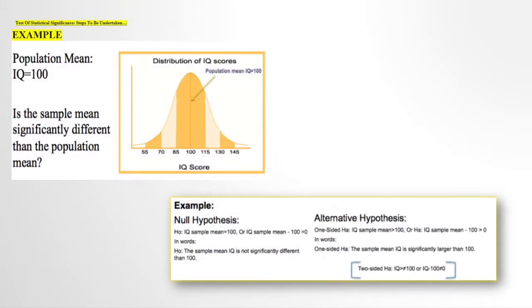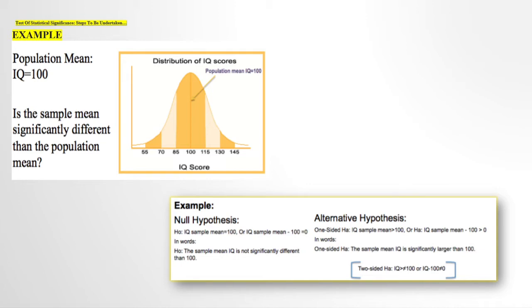Now here we have an example where a distribution of IQ scores has been shown with the help of a normal distribution curve with a population mean of 100. The purpose is to check whether the sample mean is significantly different from the population mean.